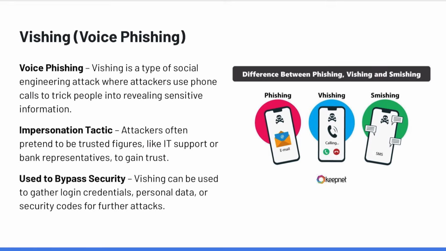So voice phishing is when you call up a person and you trick them into revealing sensitive information. The way you might do that is pretend to be IT support, or some kind of trusted figure. In the context of a hospital, you could call someone who works at the hospital and pretend to be from IT support.